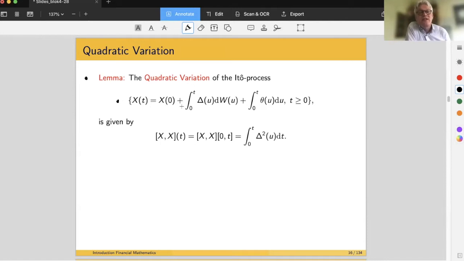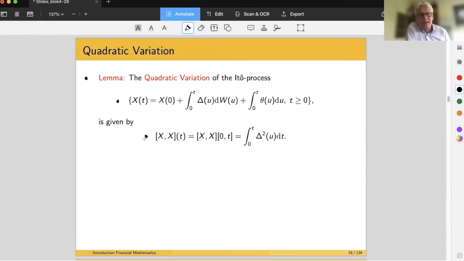It's X0 plus the integral from 0 to t of delta(u) dW(u) plus the integral from 0 to t of theta(u) du, and t is greater or equal to 0. That is the Ito process, and the quadratic variation is given by this. So we write it in the standard way. The quadratic variation of X, [X](t), is the quadratic variation of X from 0 to t, and that is given by the integral from 0 to t of delta squared(u) du.